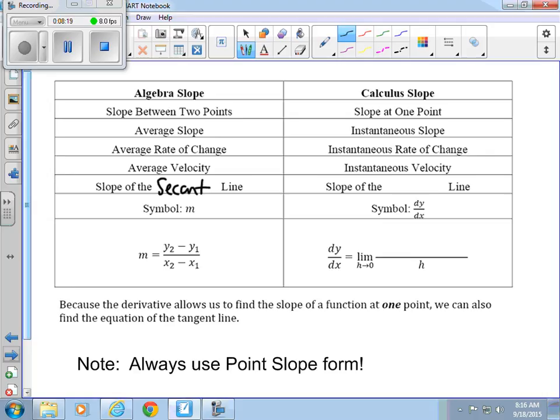So if they ever ask any of those questions, don't do calculus. Do algebra. But then we learned the derivative, and the derivative gives us the slope at a single point, or the instantaneous slope, or the instantaneous rate of change, or the instantaneous velocity, or the slope of the tangent line.